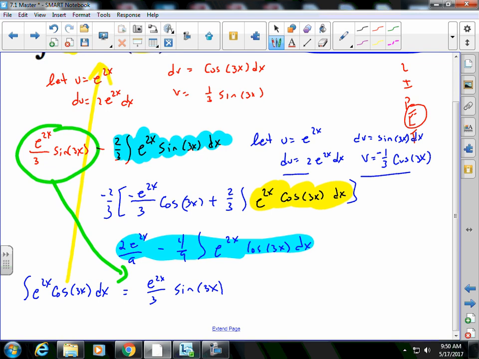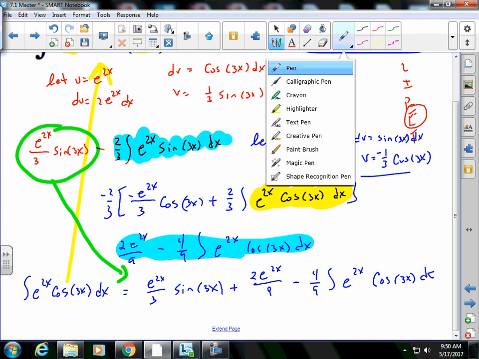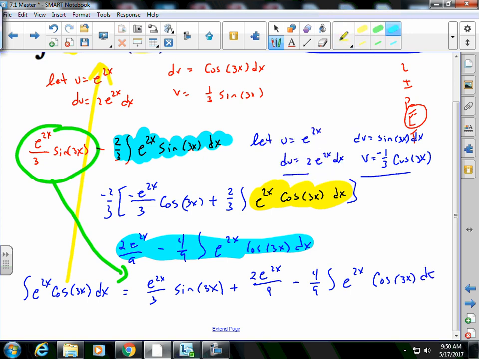And then I continue with the rest of my problem. Plus 2e to the 2x over 9 minus 4/9 integration e to the 2x cosine 3x dx. And again, that's what I added back in.